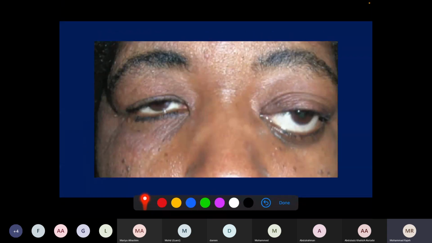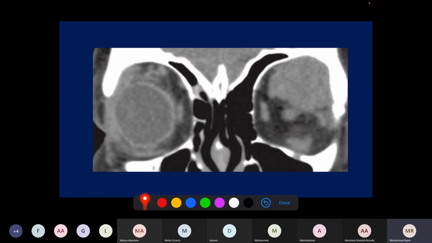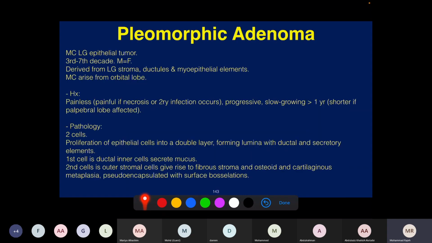Okay, so you can see this patient has inferior and medial proptosis. So the pathology is here laterally. So you can see well circumscribed mass. So usually the history is painless, progressive, slow growing, more than 1 year.